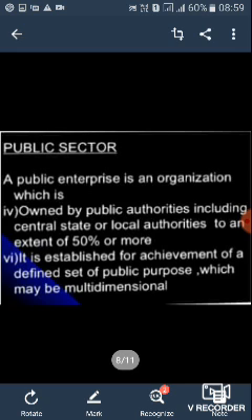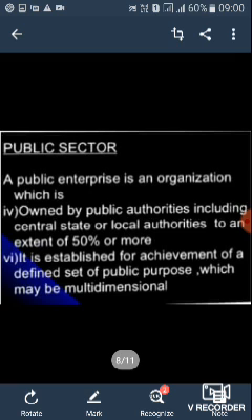It is established for achieving a definite set of public purposes, which may be multidimensional. Mainly it is done for public welfare, like building of roads, building of bridges, etc. These are all public sector units doing the work. So this is all coming under public sector.